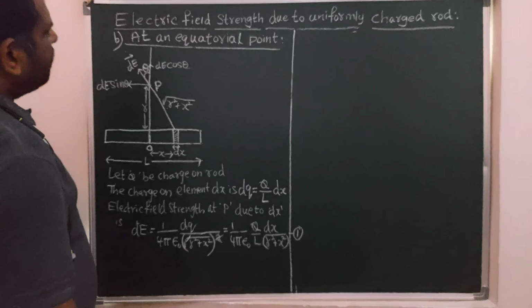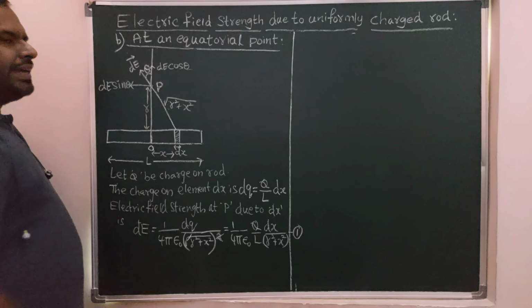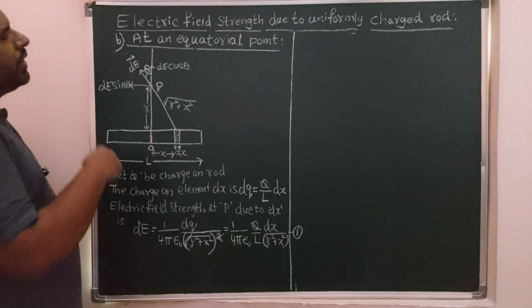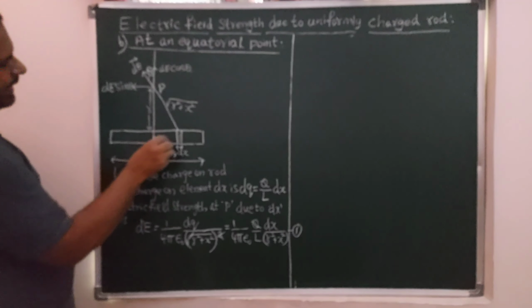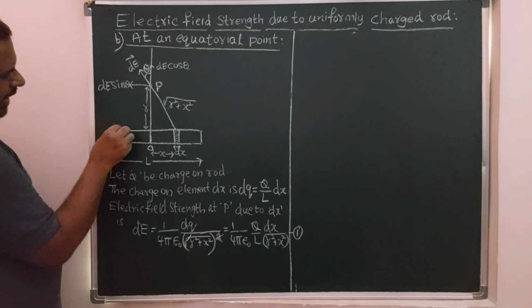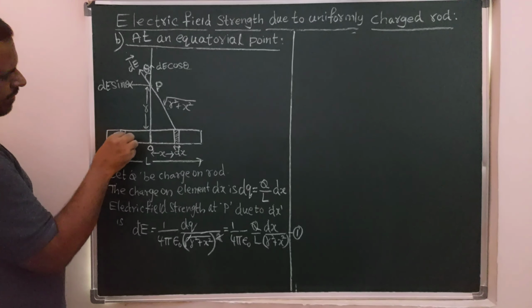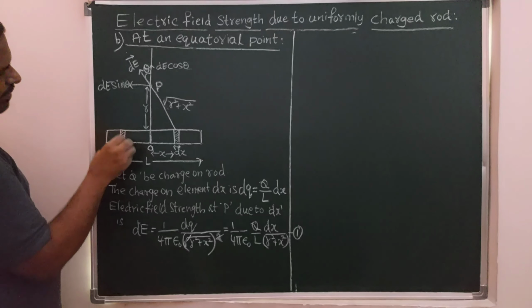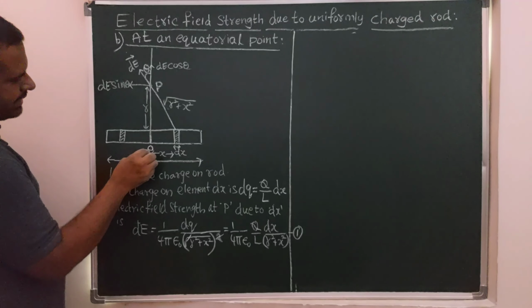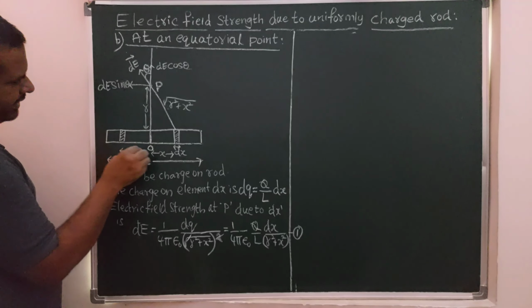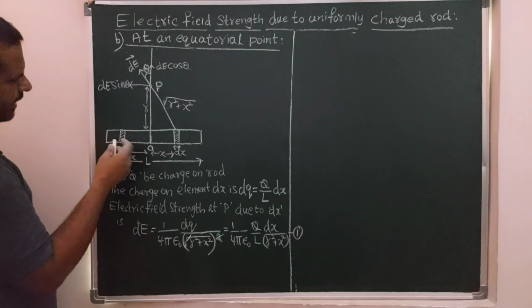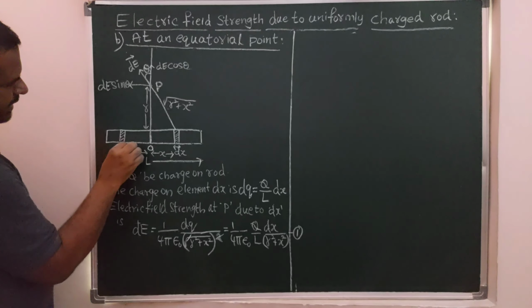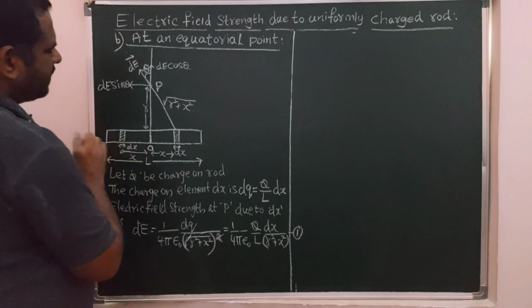Next, dE cos theta is there, dE sin theta is there. So in which direction will the electric field intensity be? For that, take another element having the same length dx, at the same distance x from the center.